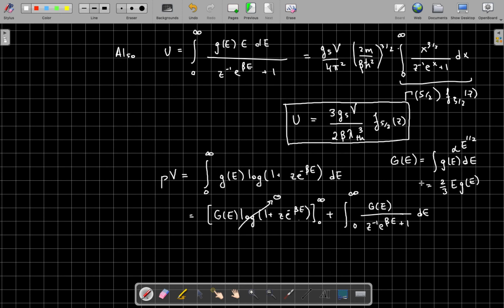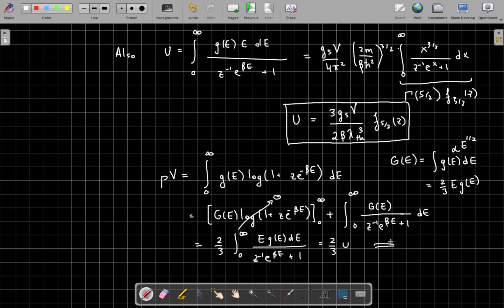And now we use this to write this as 2/3 integral from 0 to infinity E GE dE over Z to the minus 1 e to the beta E plus 1, and this integral by definition is equal to the internal energy.